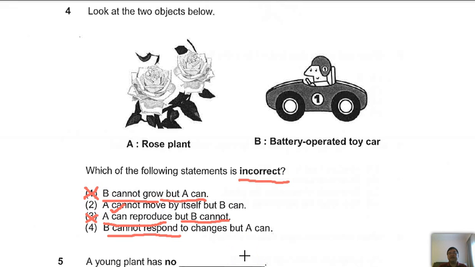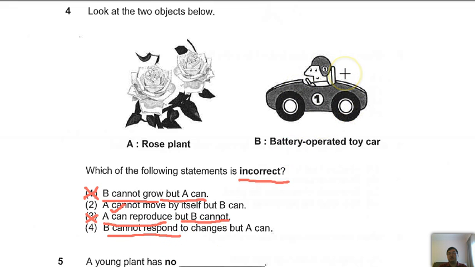Now you see very carefully, I was being tricked, just as some of you might have been. What they did is B over here, A over here, next line A, then B, A, B, then change back to B and A. So whenever I read, I thought that this was A. So B cannot respond over here.